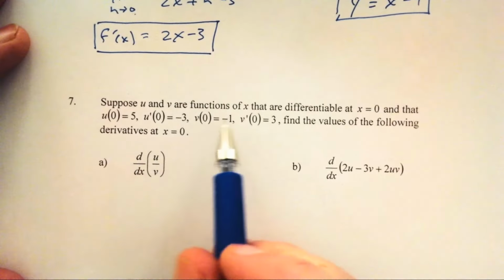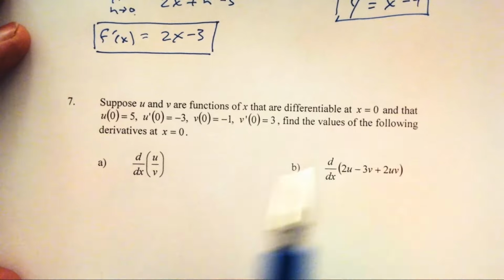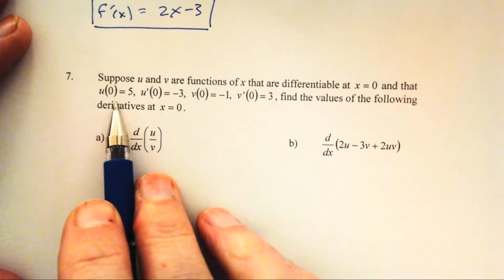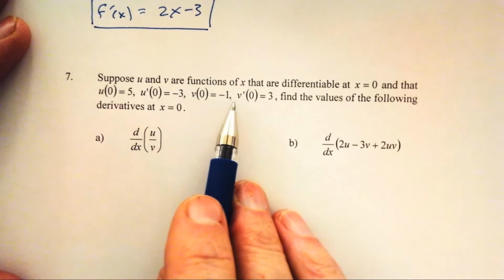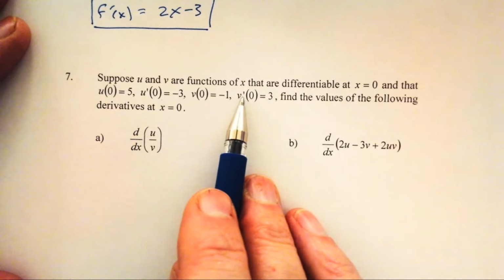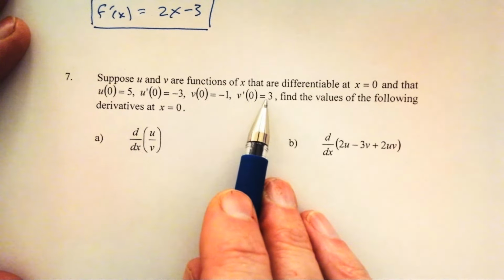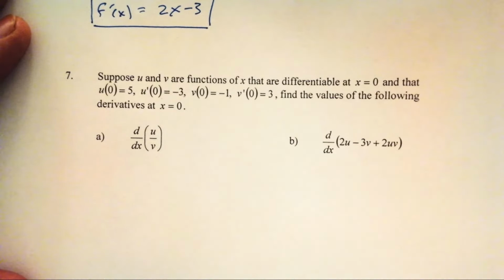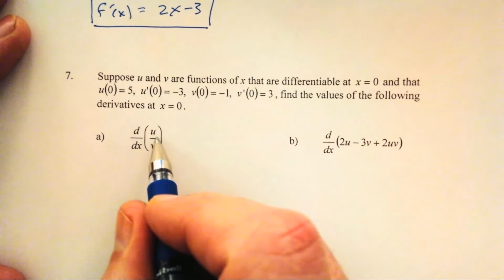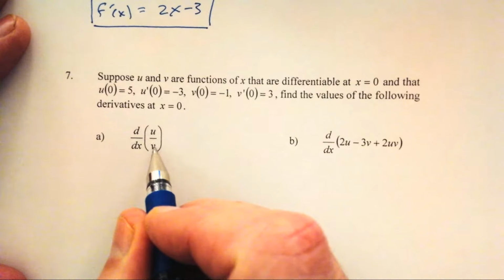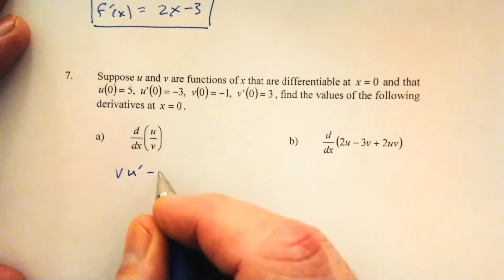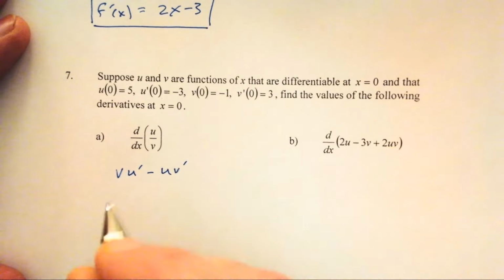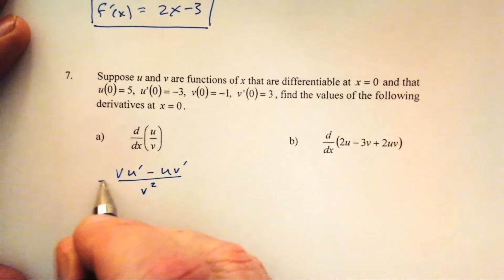Suppose u and v are functions of x that are differentiable at x equals 0, and that u of 0 is 5, u prime of 0 is negative 3, v of 0 is negative 1, v prime, or v's first derivative, of 0 is 3. Find the values of the following derivatives at x equals 0. So I'm finding the derivative of function u divided by function v. That is low d high, minus high d low, over the square of the thing below.